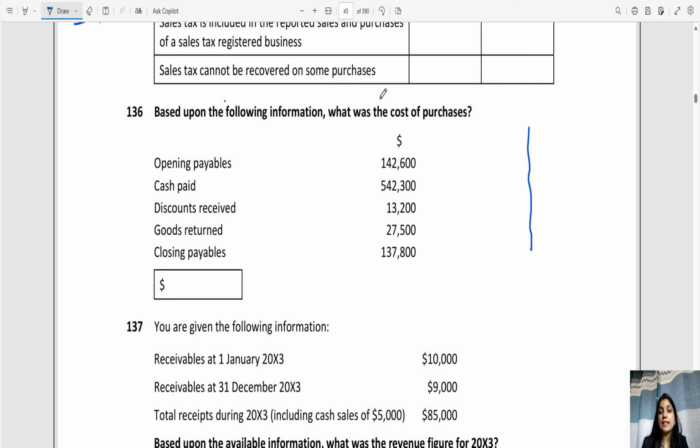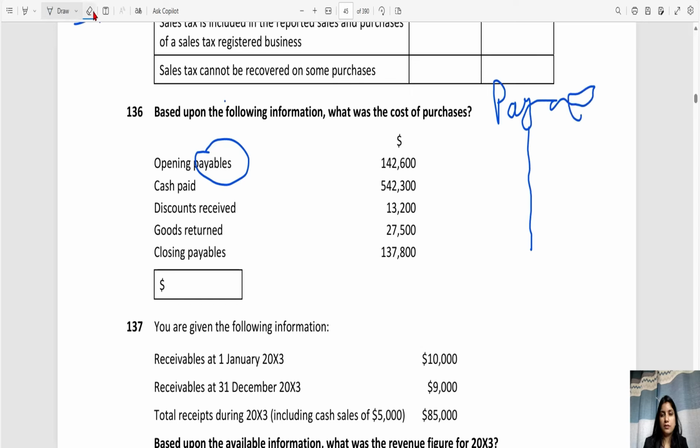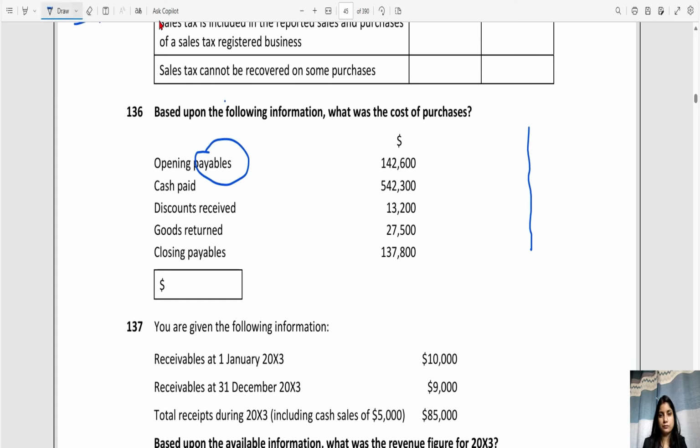So the question says, what is the cost of purchase, and they have given the opening balance for the payables and the closing balance for the payables. So it's a payable ledger. Payable means it should be credited. Okay, so this is the payable ledger, right?